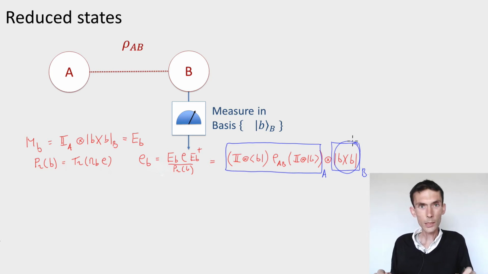And the A system itself is projected to some post-measurement state, which doesn't need to be pure. In general, it's going to be given by a density matrix on the A system.